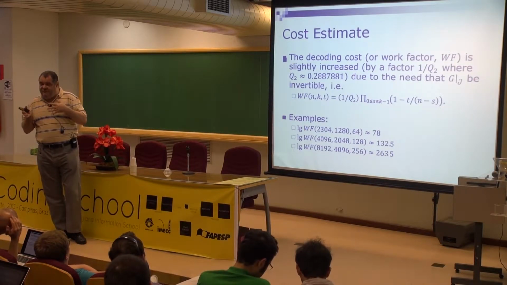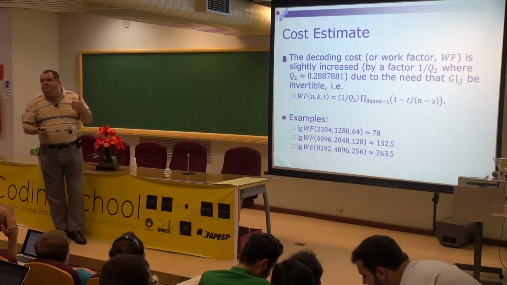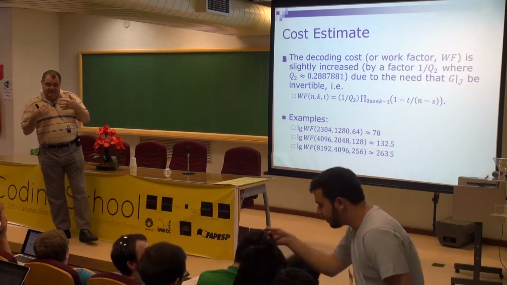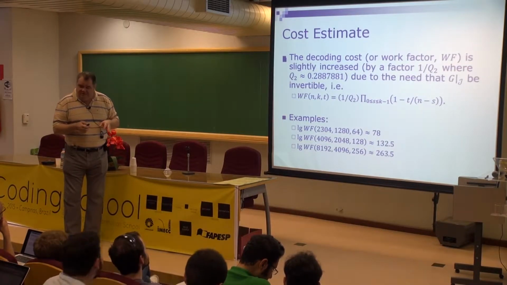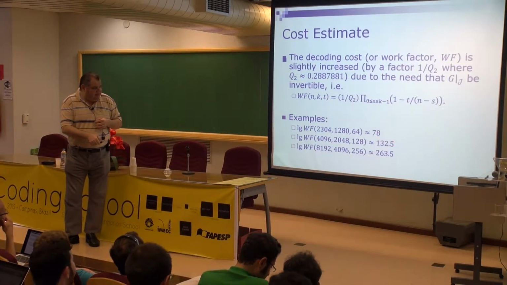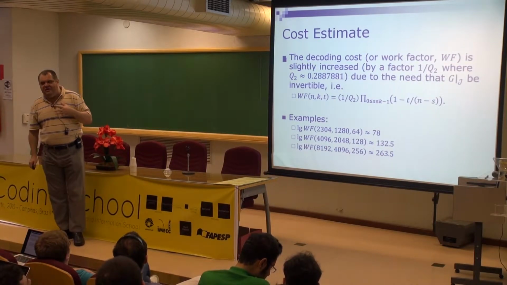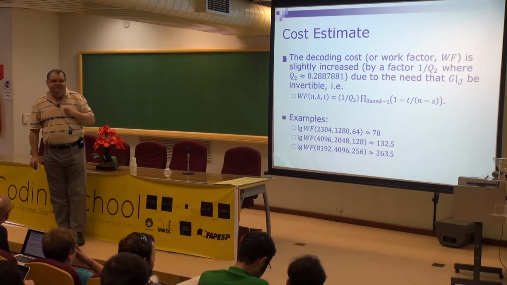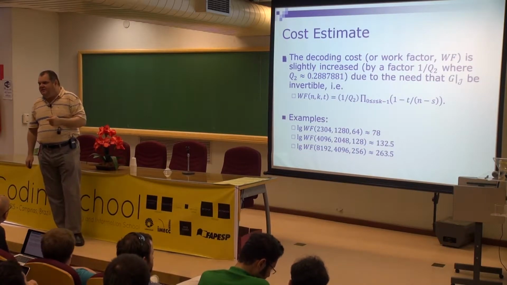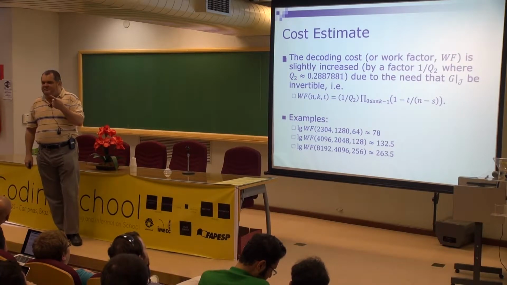This is the kind of research work that is being conducted regarding how to attack code-based cryptosystems. So in practice, we will have something slightly larger than this, not much larger. So it's reasonable. It's not far from reality if we simply assume that we can do everything in one unit of time.